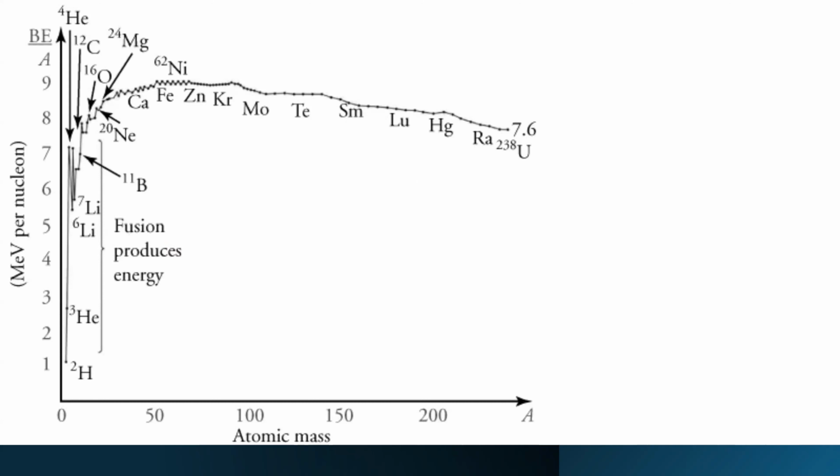So hydrogen on the left side, in order to go up the graph, has to fuse. While the heavy elements on the right-hand side, like uranium and radium, in order to become stable all the way to iron, have to split, which is to fission.